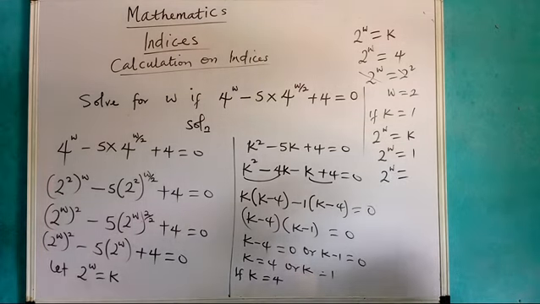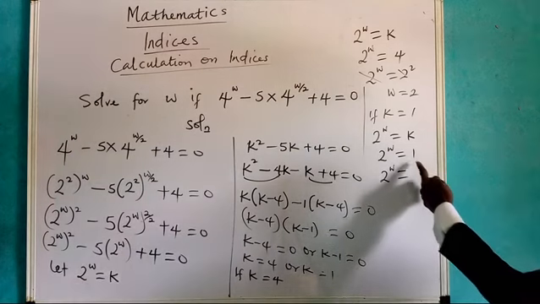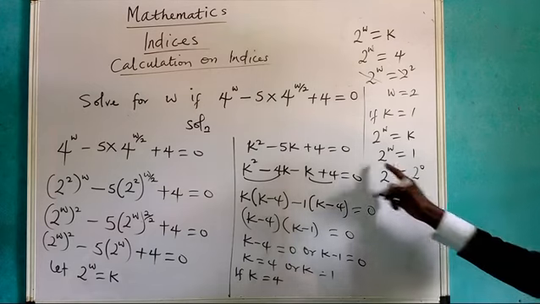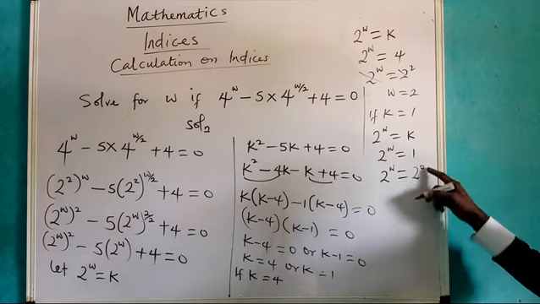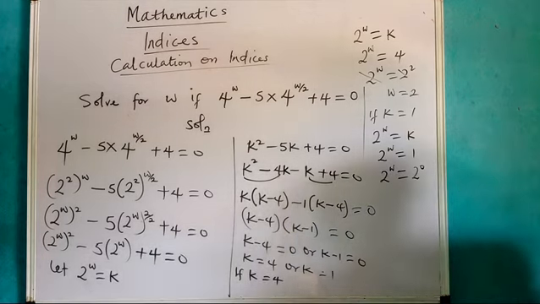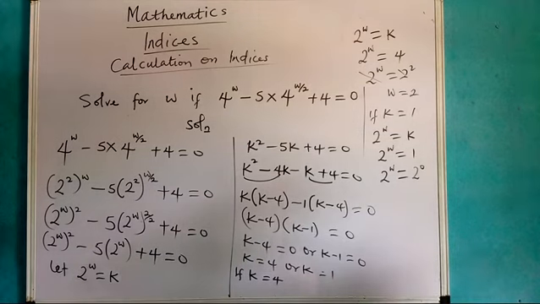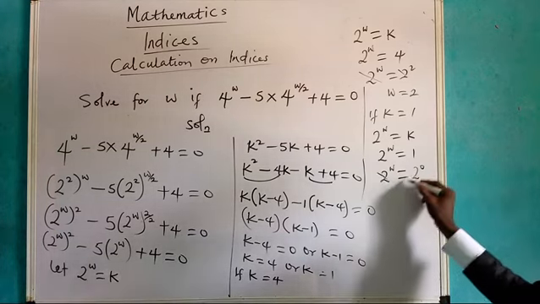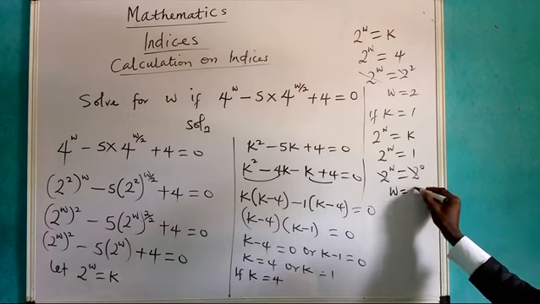Don't forget that we can as well write this one as 2 power 0 so that we can have the base of this. 2 power 0 will be what? 1. Remember I told you under the law of indices, whenever any base is raised to 0, the result will be 1. Therefore, 2 power 0 is 1. Okay, I can eliminate the base now. We have W equal to 0.